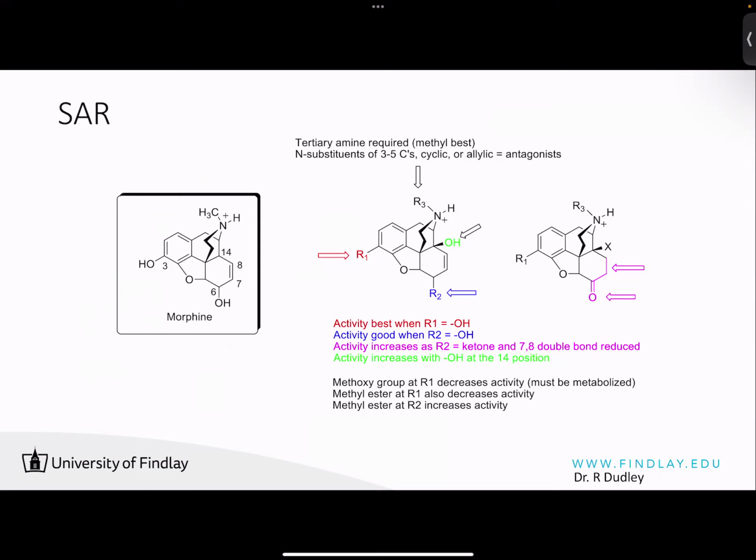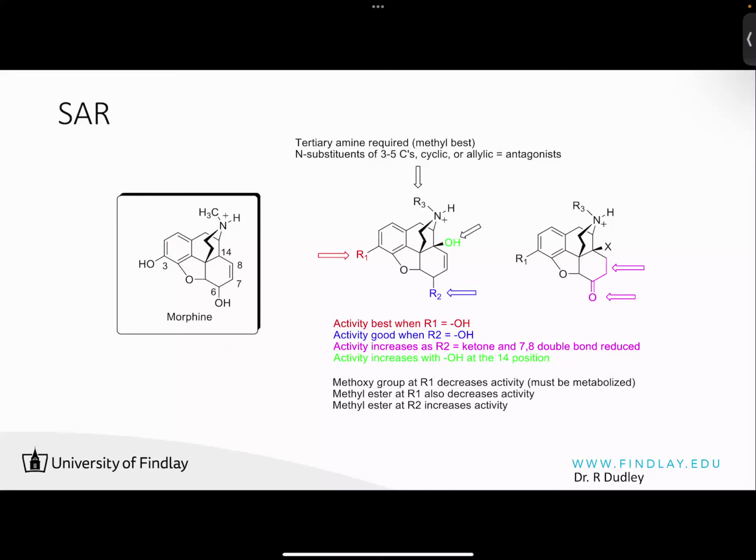But since morphine is the prototype, everything gets compared to morphine. Even when you calculate morphine equivalents and try to convert morphine equivalents, you're going to do your calculations based on morphine. So let's go ahead and just look at the structure of morphine, point out what's important, which I think you already know, and then we can start talking about what happens when we change certain aspects of morphine and what we end up with.